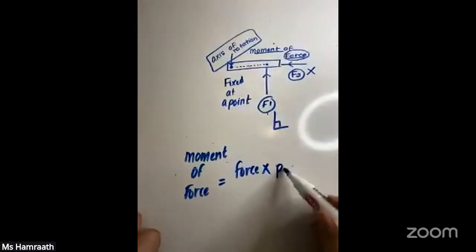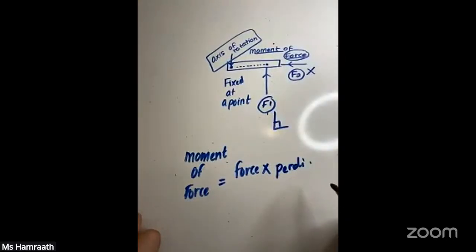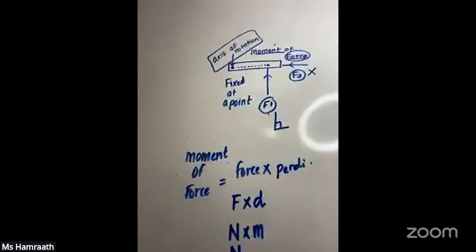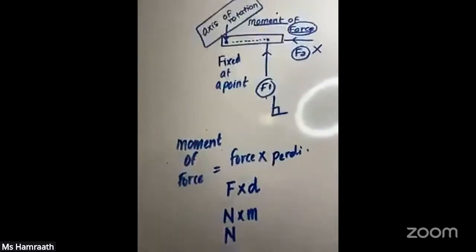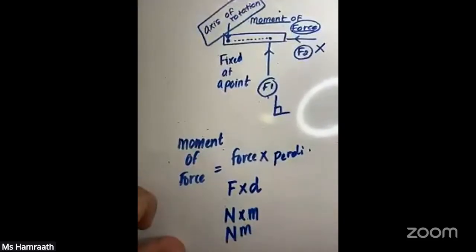We call it the perpendicular distance to the axis of rotation. So the equation for the moment of force is F into D. Force is measured in Newton and distance is measured in meter. So the unit for the moment of force is going to be Newton meter.